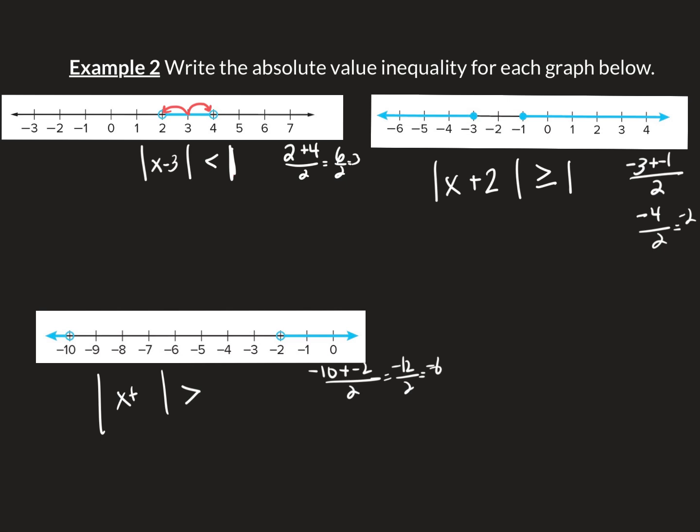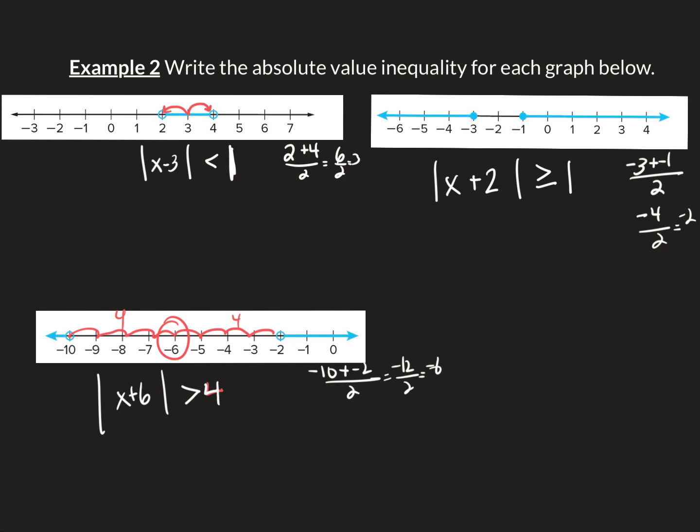So this is going to be plus 6. Absolute value of x plus 6. So if I am at negative 6, how far are those from the mean? 1, 2, 3, 4, 4 units here. So greater than 4 goes there.